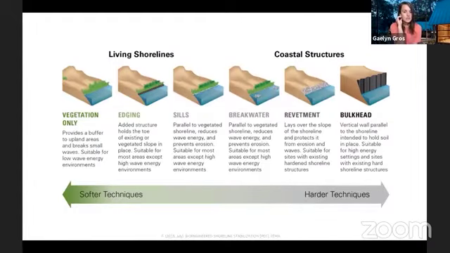So these are some different structures that can be put in place to prevent erosion. There's something called a living shoreline, and then there are coastal structures. Living shorelines are pretty much your most environmentally friendly solution to erosion prevention.